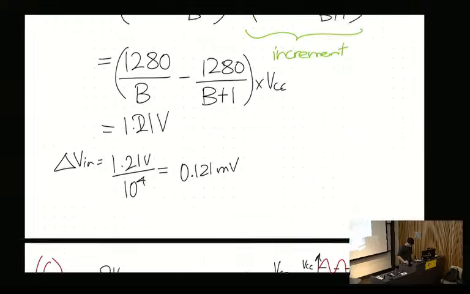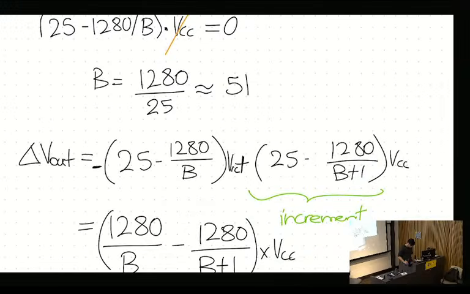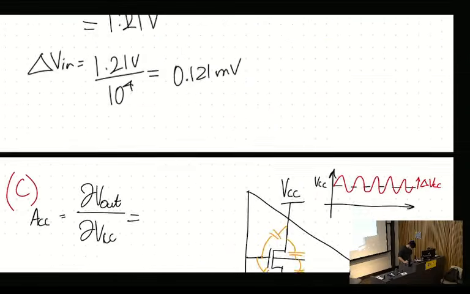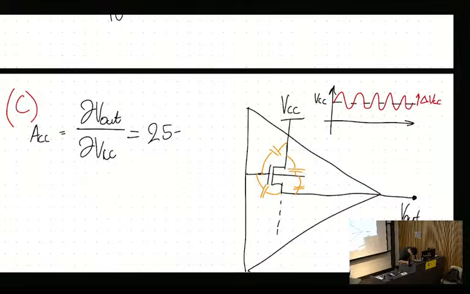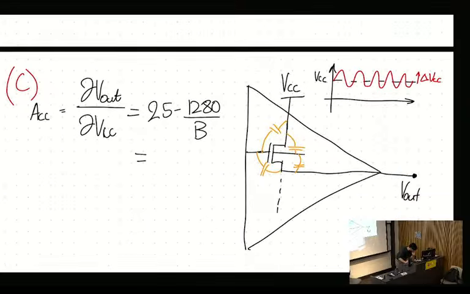So that was 25 minus 1280 on B. And they gave a value of 128, and so then that yields 15.